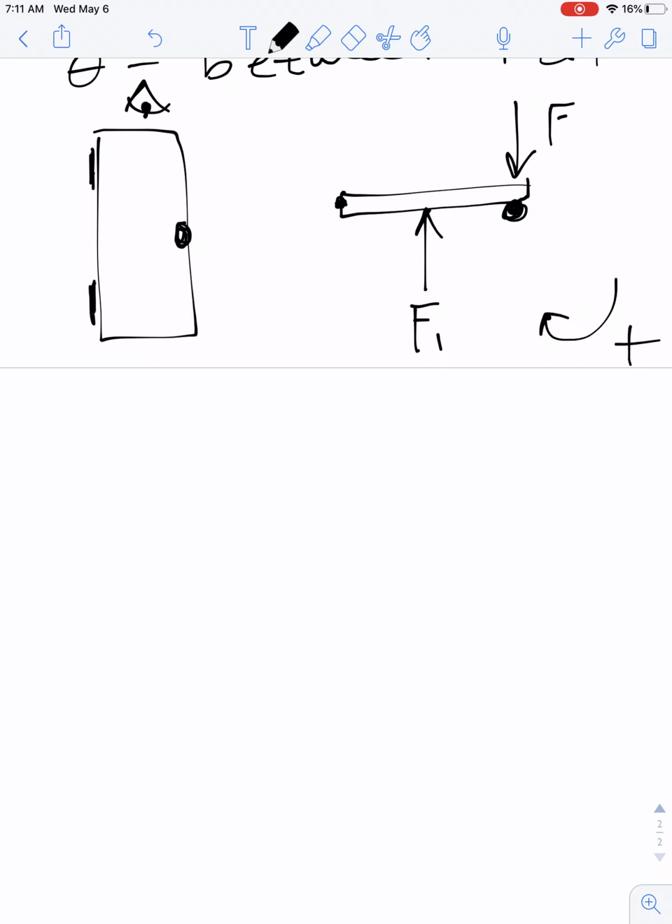But it's very important to understand that these two forces will create opposite torques, and since one of those torques is opposite the other, we have to have positives and negatives. It's just convention, but to be fair, when you solve a problem, you can choose whichever coordinate system you wish. Now there's going to be an r associated with each force. So here we can call this r1, and here we can call this r2, okay?